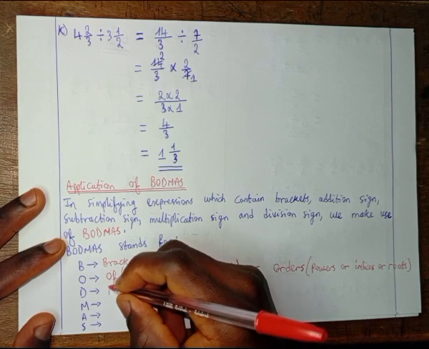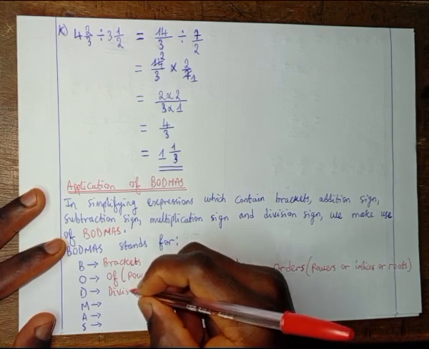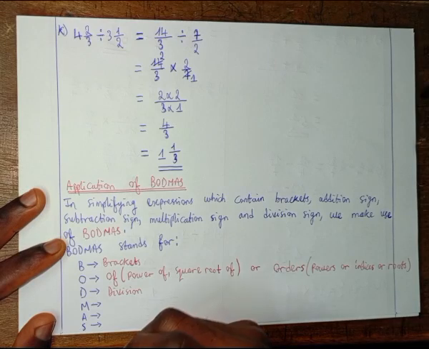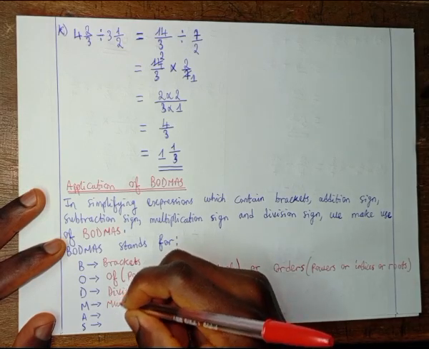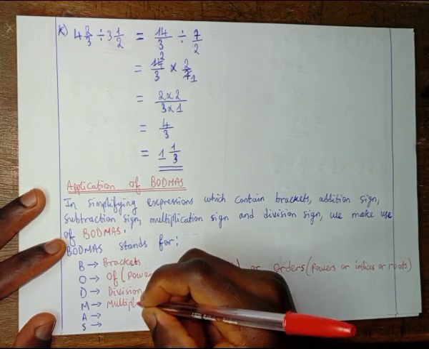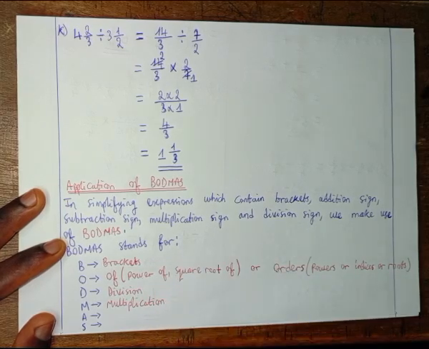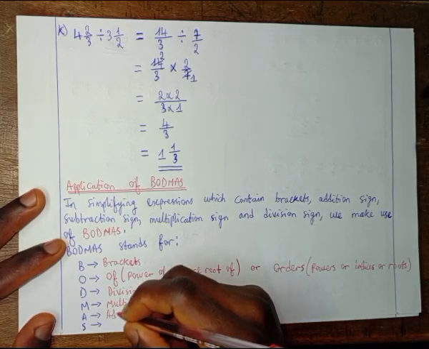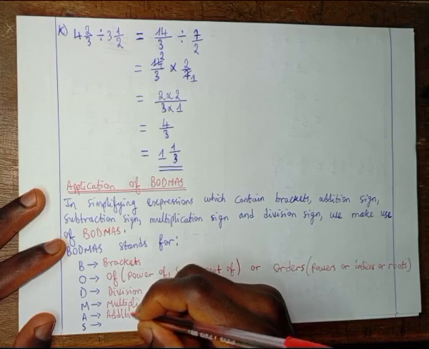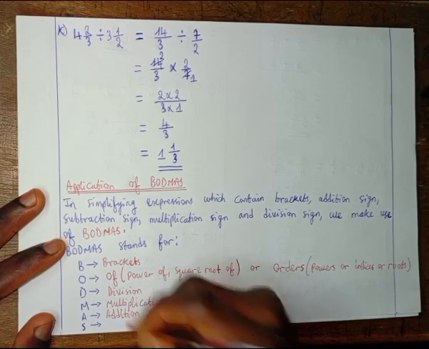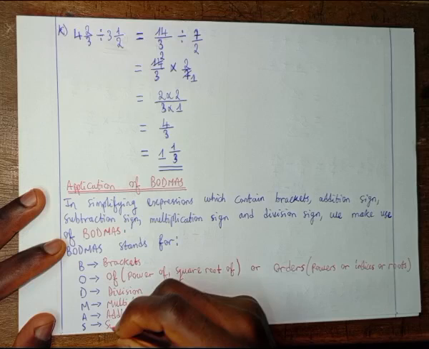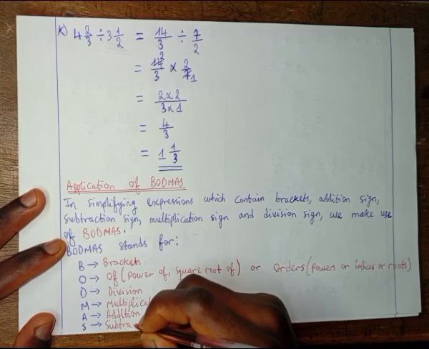Next, we have D. D stands for division. M stands for multiplication. A stands for addition. And lastly, S stands for subtraction.